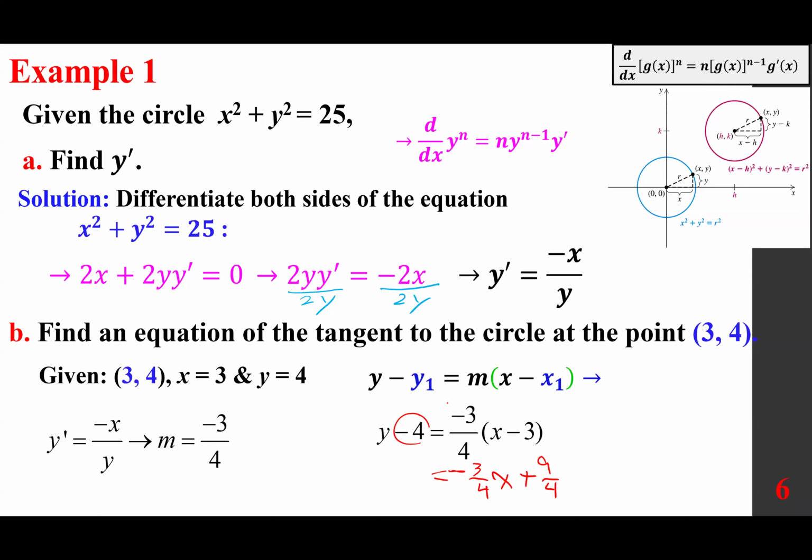If I move this, 4 is positive 4, or 16 over 4, and y becomes negative 3/4 x plus 25 over 4. This is the equation of a tangent line, everybody.